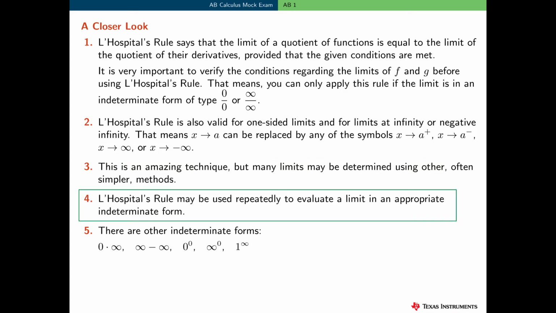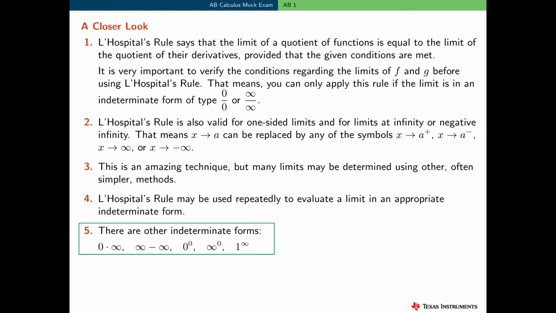L'Hopital's Rule can be used repeatedly. That is, after applying the rule once, the limit may still be in an indeterminate form, and we can use L'Hopital's Rule again and again if necessary. And finally, there are other indeterminate forms associated with limits, but these are not tested on the AP Calculus exam.